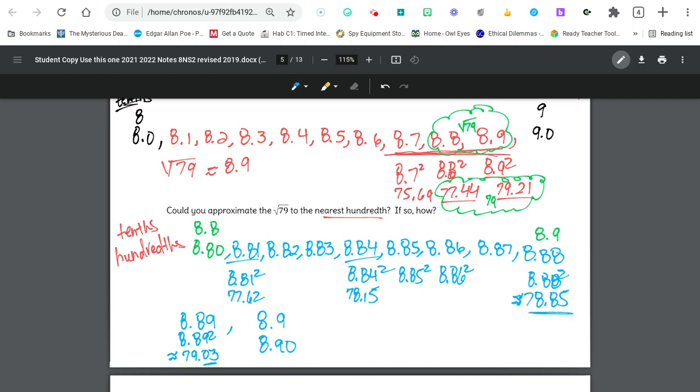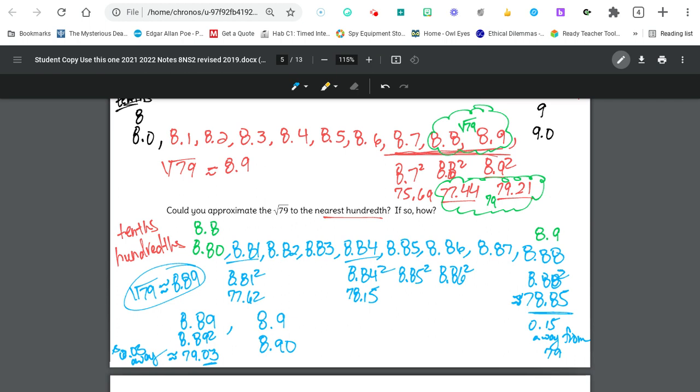Well, this is 15 cents away from 79. And this is 3 cents away from 79. So the square root of 79, its closest approximation to the nearest hundredth, would be 8 and 8900ths.